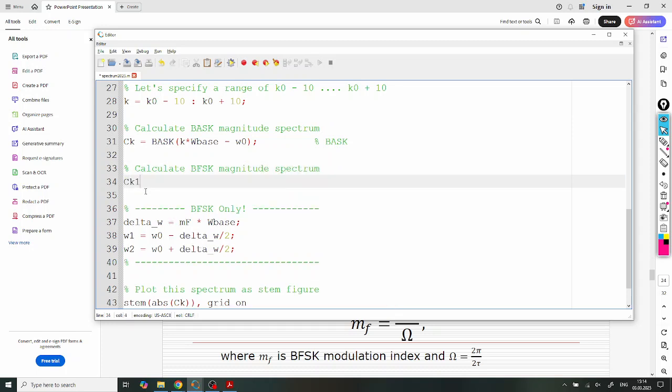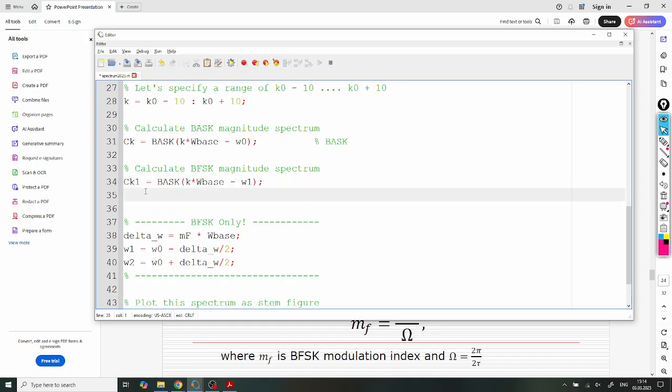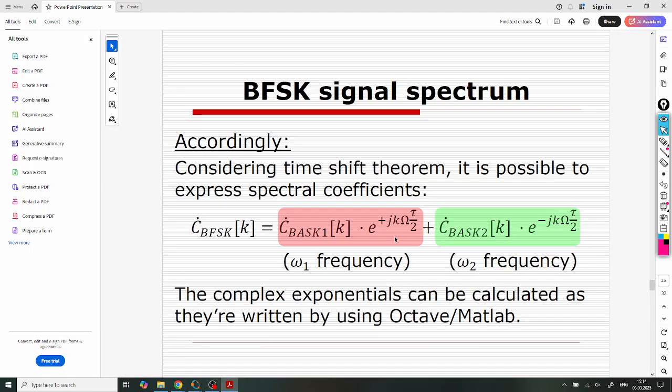So now I am going to need to have CK1, that is BASK of K, omega base minus omega 1, CK2, which is BASK of K, omega base minus omega 2. Yes, so as per formula. Now this is for omega 1, this is for omega 2. And also I need to have these complex exponents as well. Yes, multiplied to the CK1, which is going to produce me the desired output.